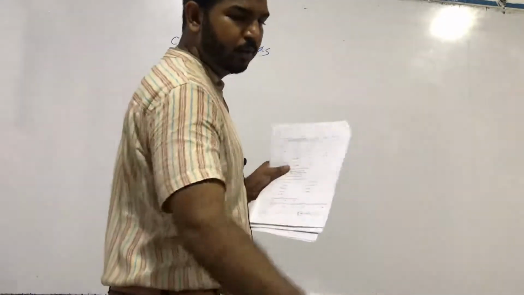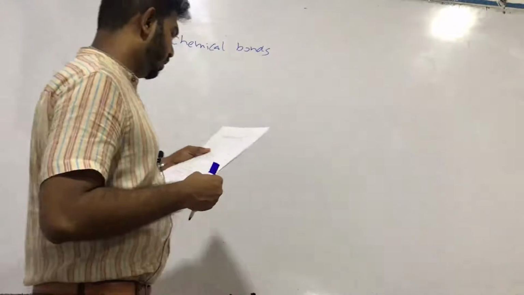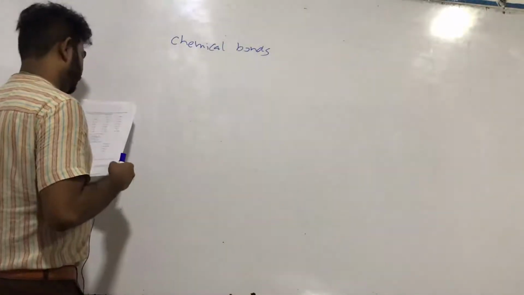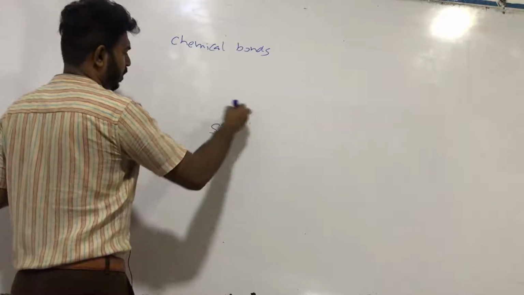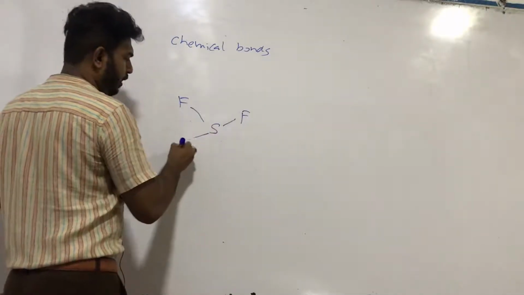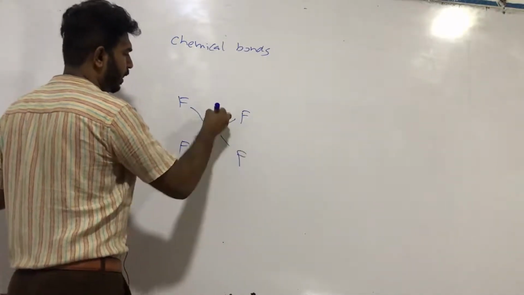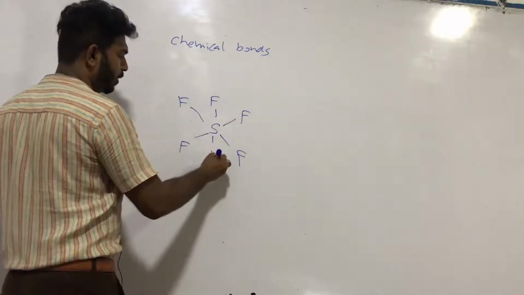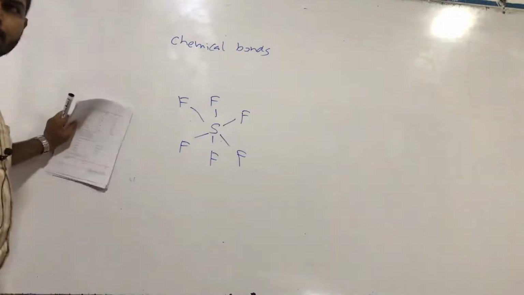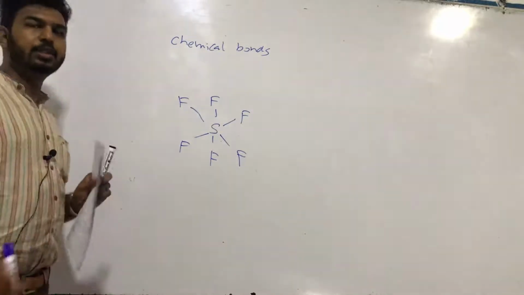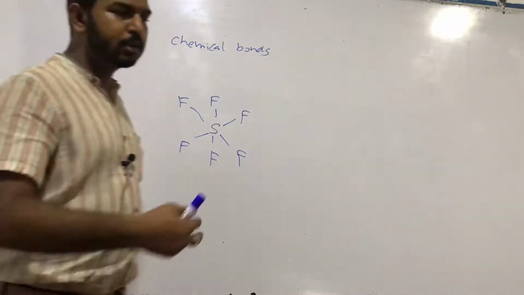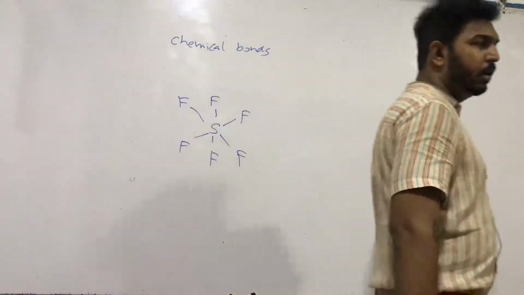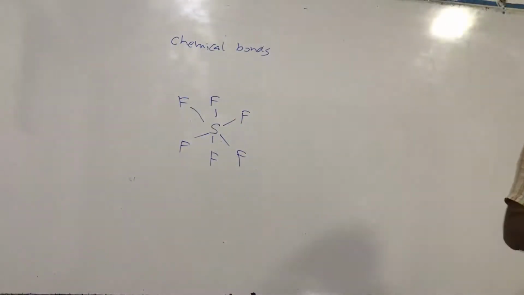So let's try to draw SF6. But don't worry about the structures of these molecules. Just draw any shape. We'll learn the real shapes of molecules after completing the drawing of these molecules.